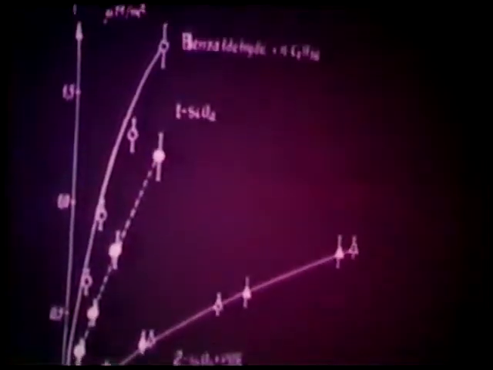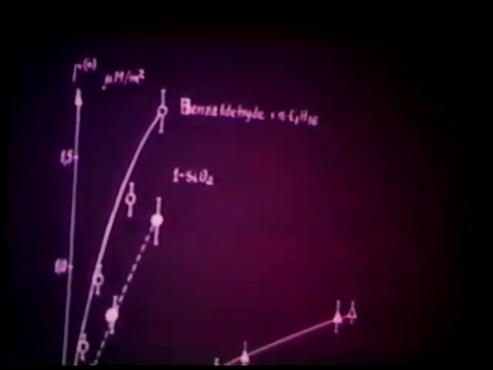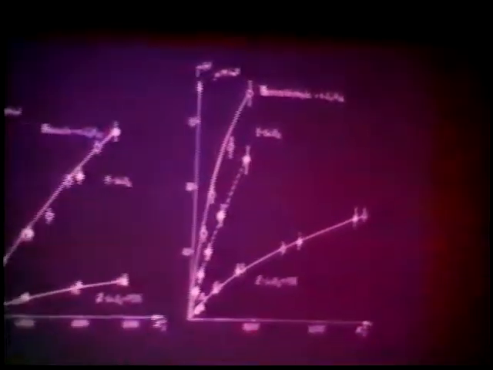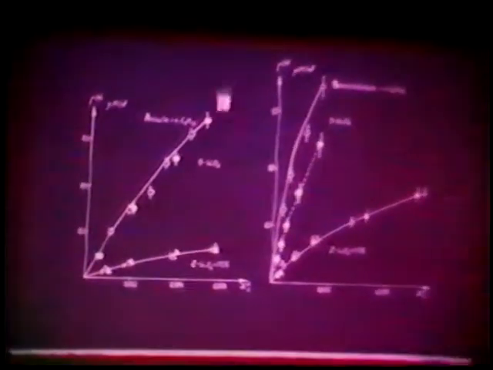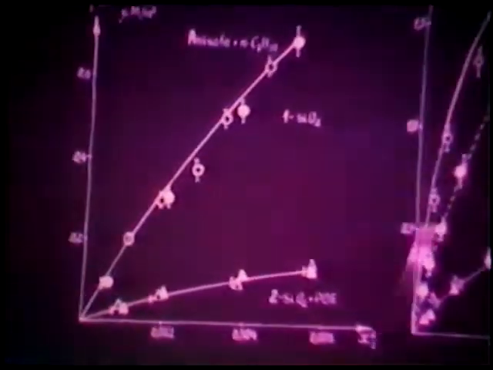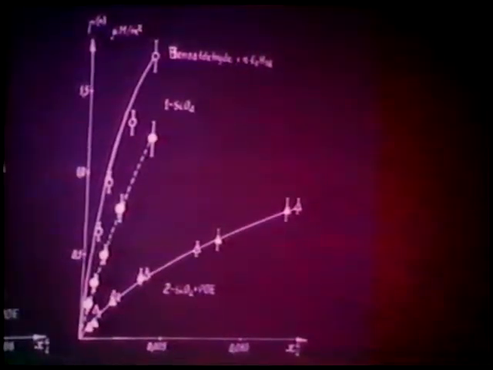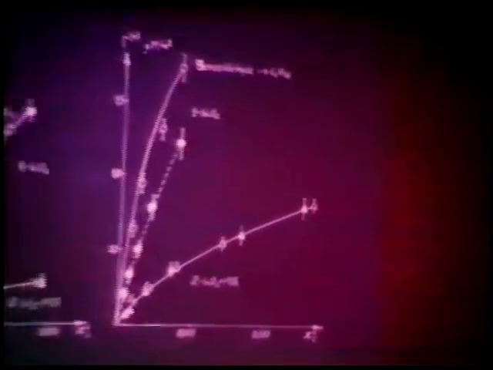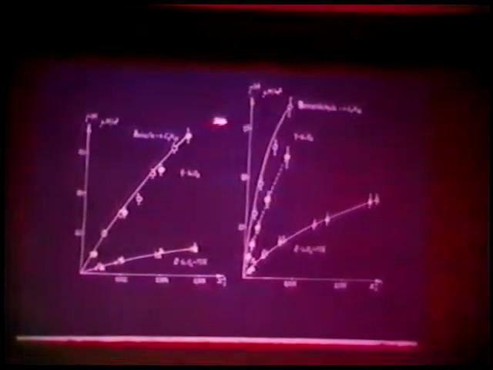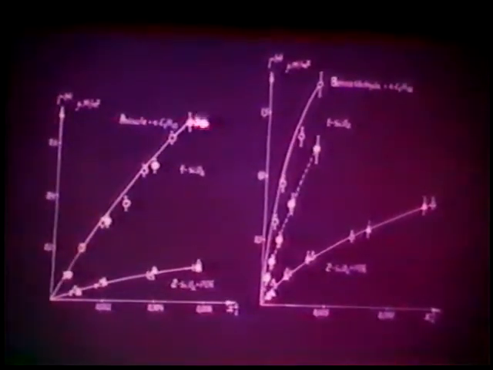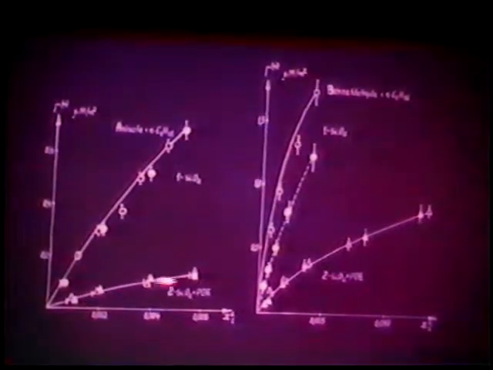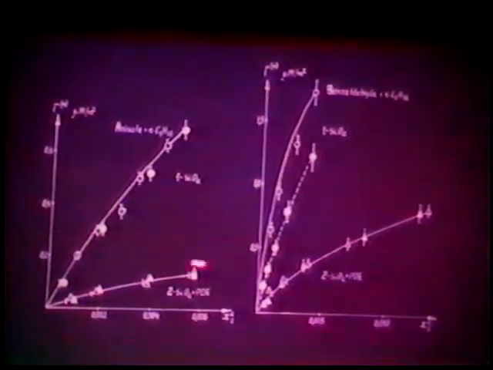At this slide, we show the isotherms of anisole and benzaldehyde on CO2, on silica gel, and on silica gel modified by polyethylene oxide.